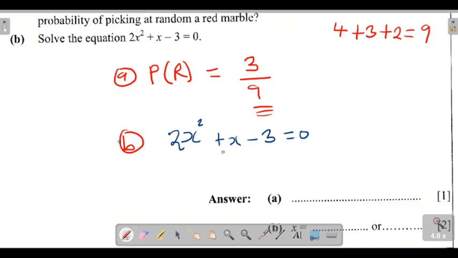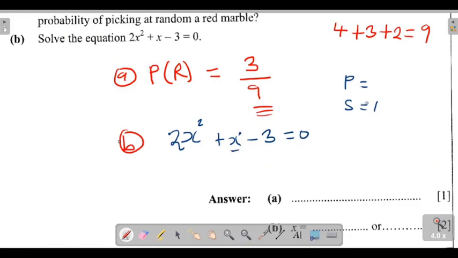In order to solve this quadratic equation, we are going to use the factorization method, for which we need to come up with the product and the sum. The sum is the coefficient of x, the middle term, which is a positive 1, because it's plus x.